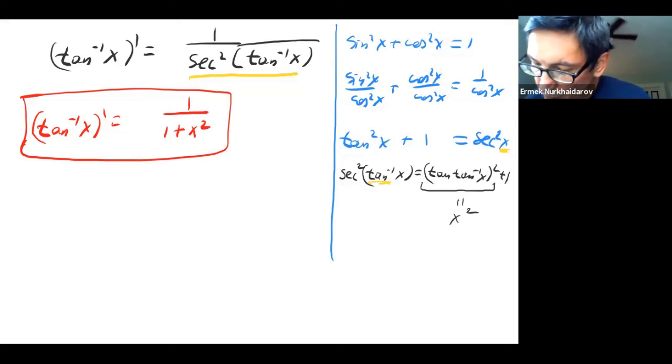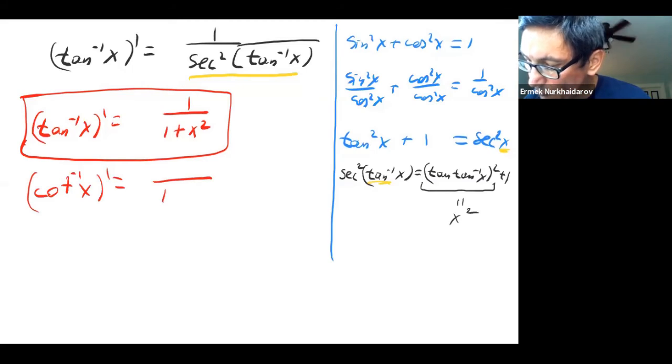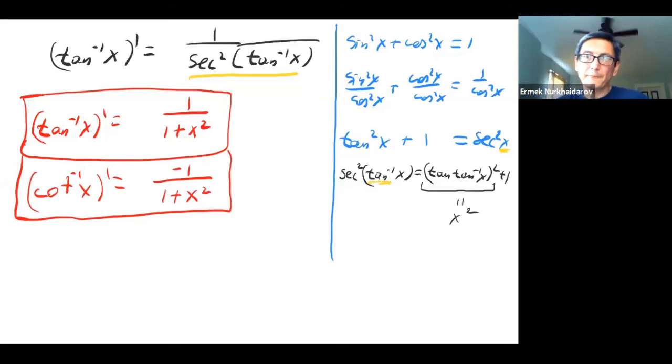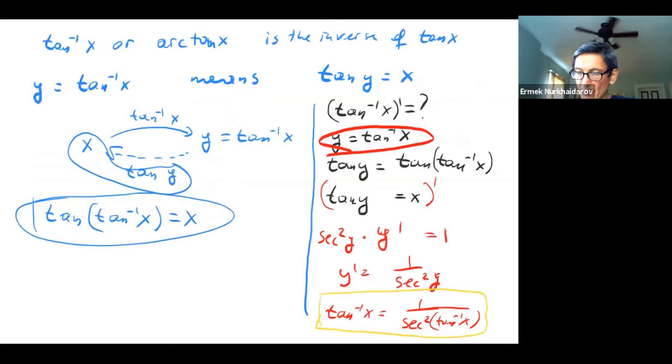Same way, if we take the derivative of cotangent inverse, it's still going to be 1 plus x squared. The only difference is going to be the minus. So it's going to be exactly the same calculations we just did. The only difference is that we're going to be taking the derivative of cotangent somewhere here, at this step. The derivative of cotangent is minus cosecant squared, so we'll have an extra minus somewhere.